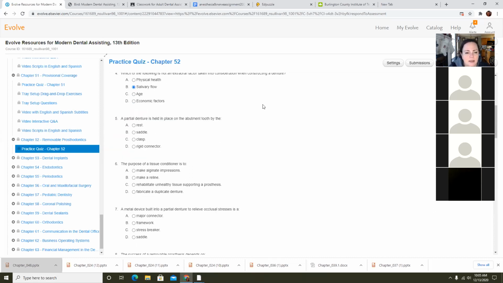So let's see. A partial denture is held in place on the abutment tooth by the what? The ring that goes around it. What's it called?